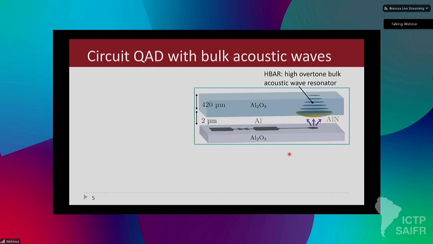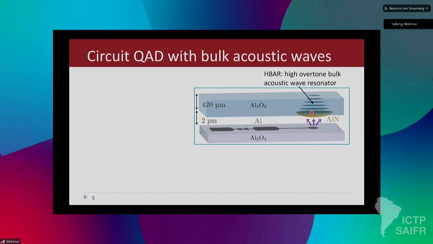All right, so just to show you what our experimental system actually looks like. Here's a cartoon. What it consists of is basically two pieces of sapphire. And the top is our mechanical resonator. What we use are these so-called high overtone bulk acoustic wave resonators, which are basically sound waves that are trapped inside a crystal. Right? It's bouncing back and forth between these two surfaces of a crystal.